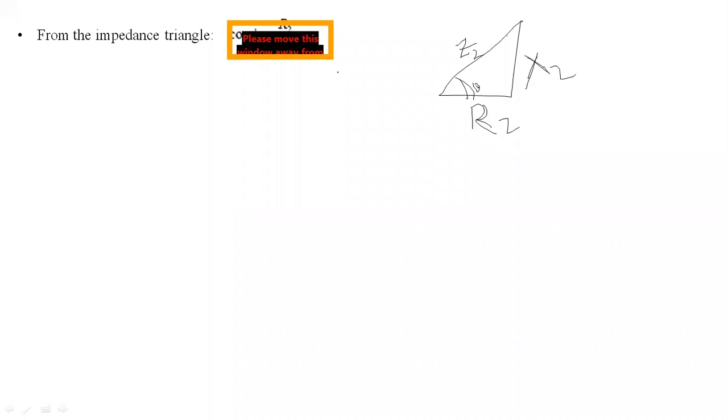From this we are going to calculate cos phi 2, the secondary phase angle, that is R2 by Z2.